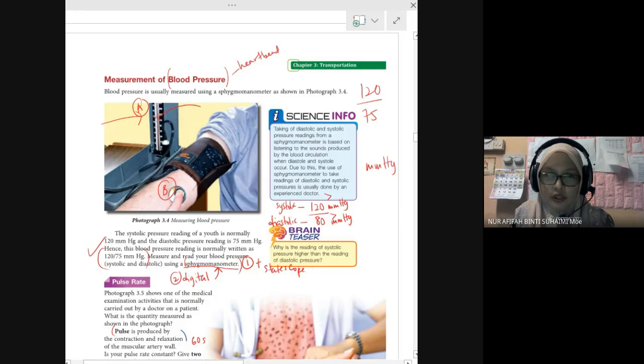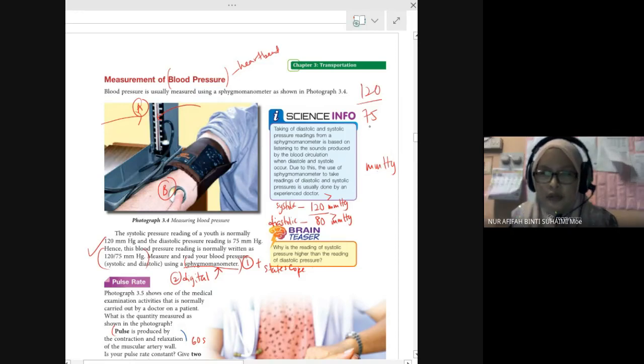From the picture here, we calculate the length of the mercury rise inside the column. Length of mercury, millimeters of mercury. Hg refers to mercury, the symbol in chemistry.